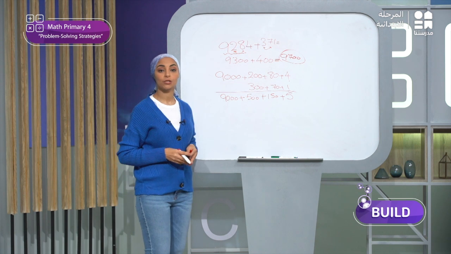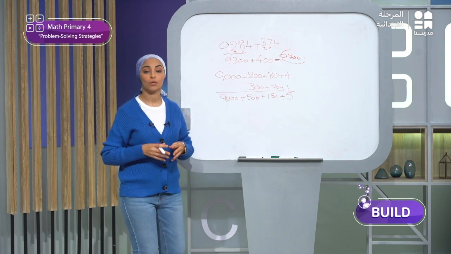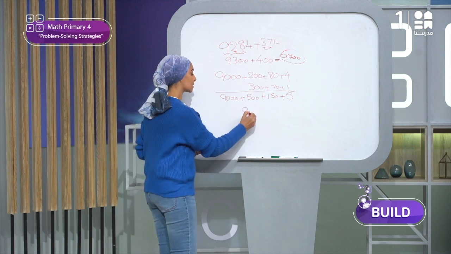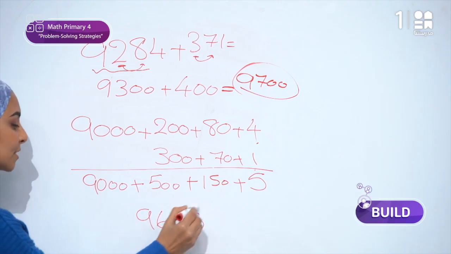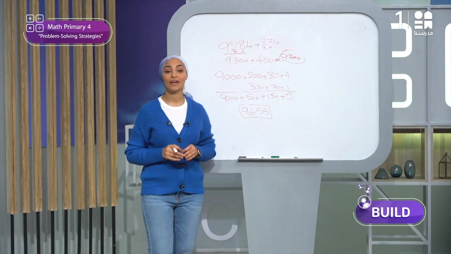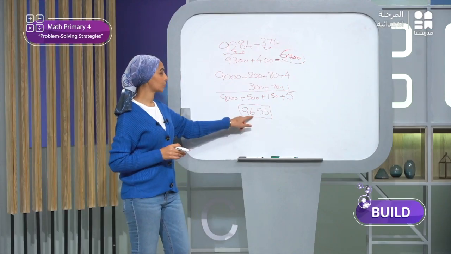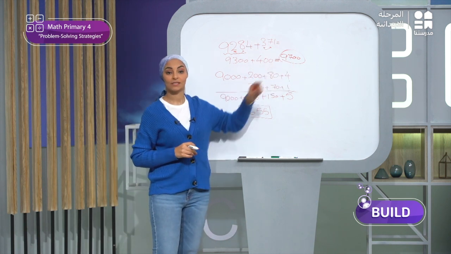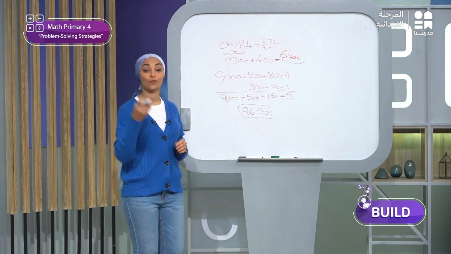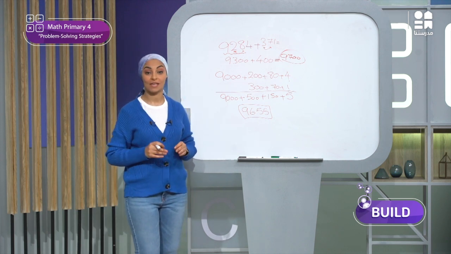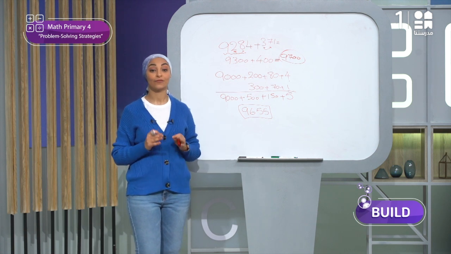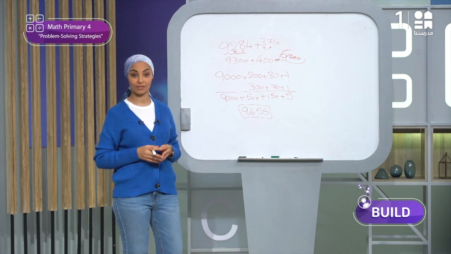Then I will add all these numbers. So the answer will be 9,655. And this is very close to the estimated number, which is 9,700. Now, I am sure you can answer the rest of the problems the same way, choosing the strategy that is more suitable and very easy for you.